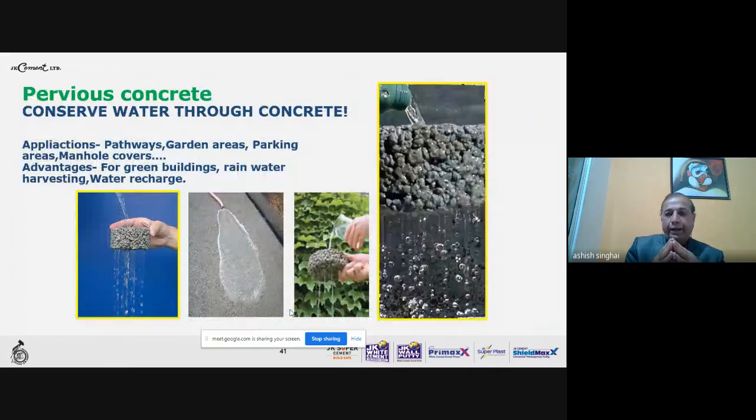Now, very pertinent and important from the Indian context, as we are concretizing our living spaces blatantly. And I really feel sorry also as a civil engineer. Whenever I go, I see concrete roads, concrete surfaces, a lot of concrete pavements wherever I have a stance.